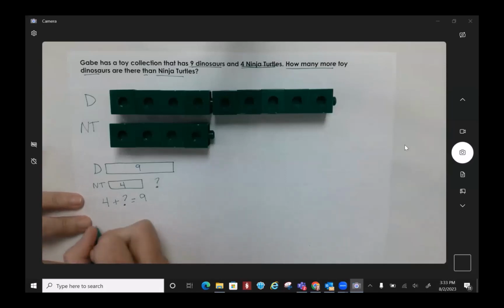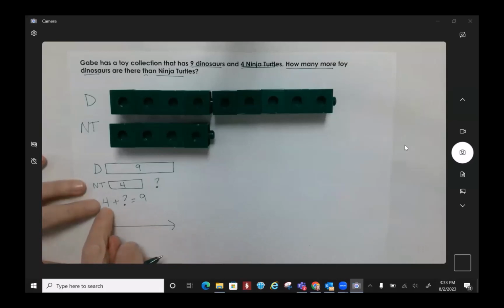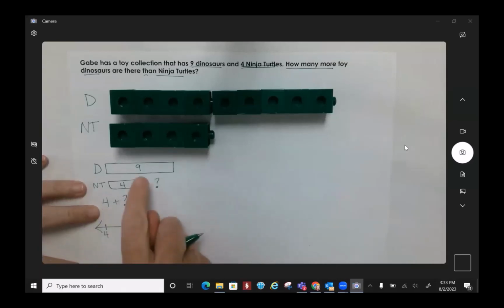So on my number line, I am going to draw a number line. My number line is going to start at 4, and I want to make hops until I get to 9. 4 plus how many hops is going to give me 9?